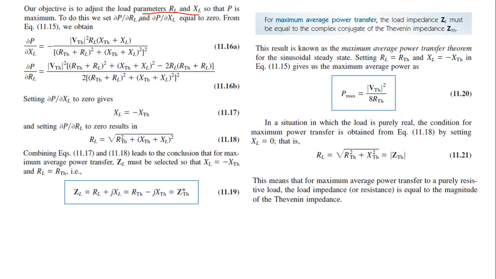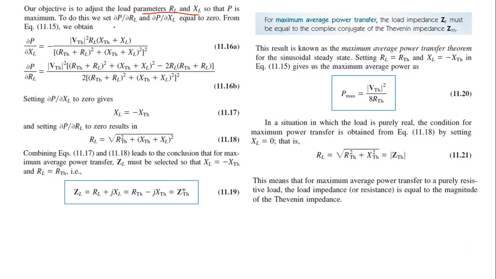To obtain the condition of maxima and minima, we differentiate that particular parameter and equate it to 0. That point is where we get the maxima or minima.